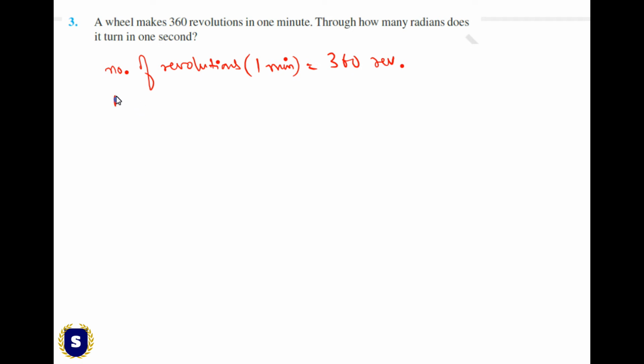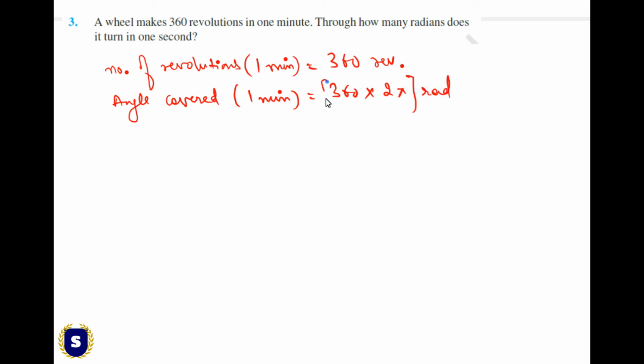So the angle covered in 1 minute, so that is 360 revolution by angle in each revolution, that is 2 pi radian.